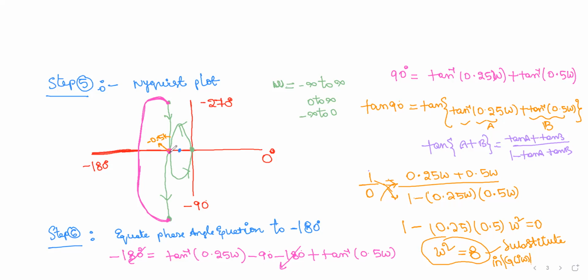This point is outside, which means this value is definitely less than minus 1. So minus 1 plus j0 lies inside the circle, then only capital N value is 1. So when you compare this point, minus 0.5K is definitely less than minus 1, then only the system is stable.